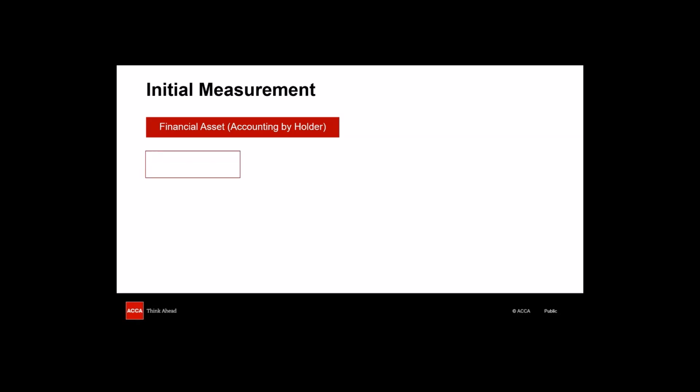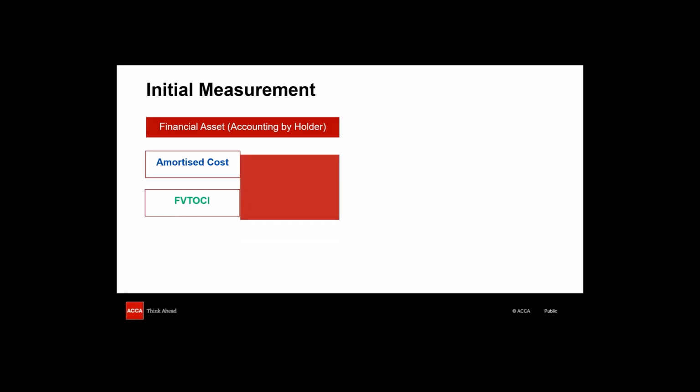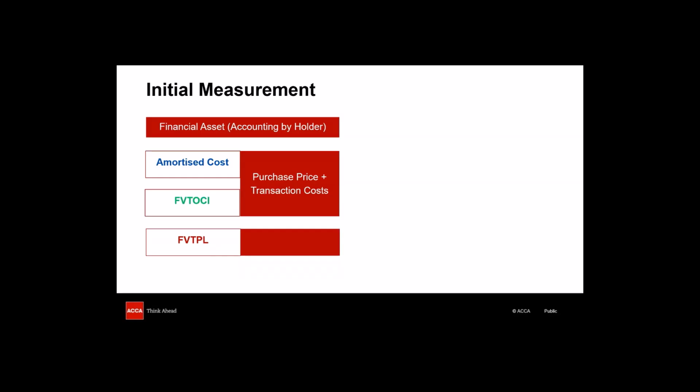The first thing that the holder needs to see for initial measurement is that if the financial asset is held at amortized cost or at fair value through OCI, then the initial measurement is going to be done at purchase price plus transaction costs. However, if the financial asset is held at fair value through P&L, then the initial measurement is going to be done at purchase price only.